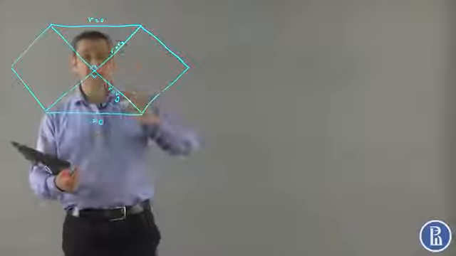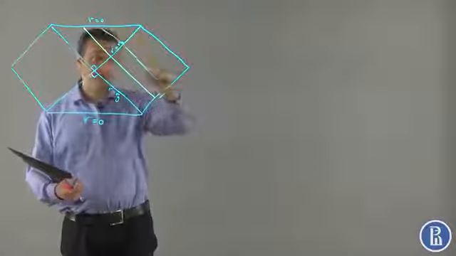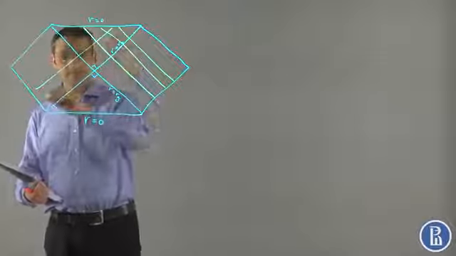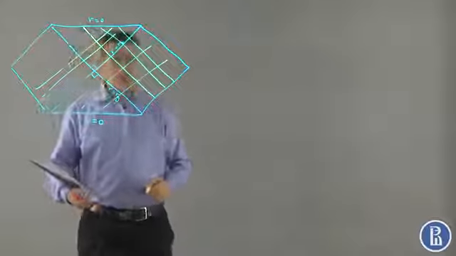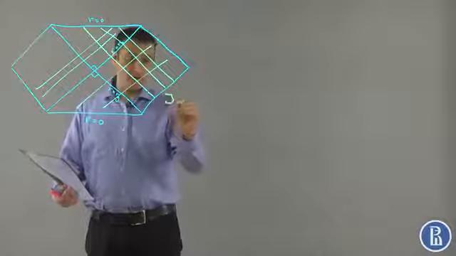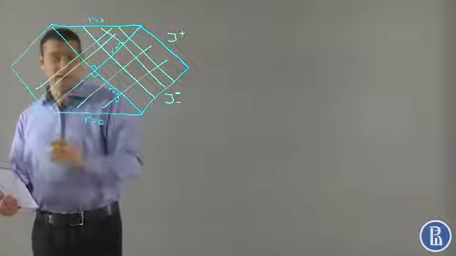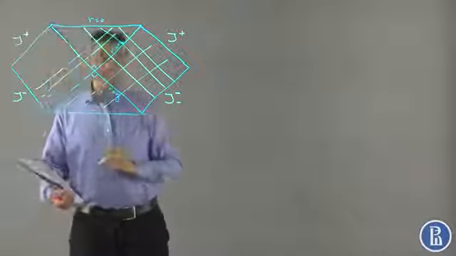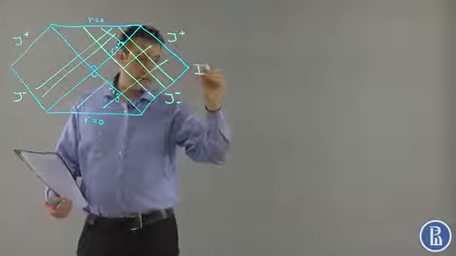And now, as usual, light rays in this space can be represented by straight lines going like this. Light rays are like this. So this is scri minus. This is scri plus. This is scri minus. This is scri plus. And this is actually i0.